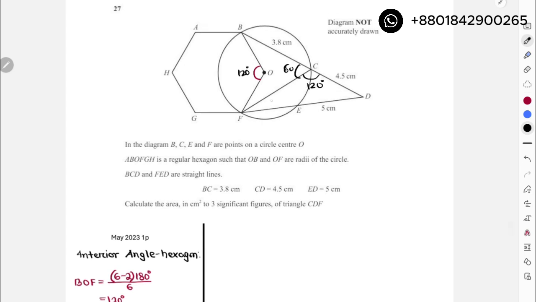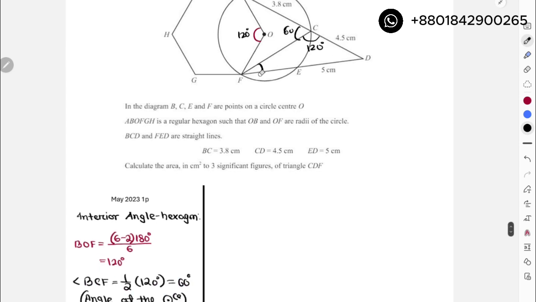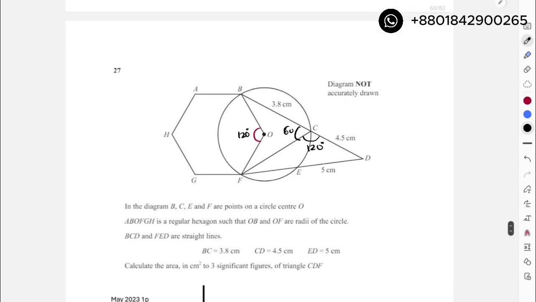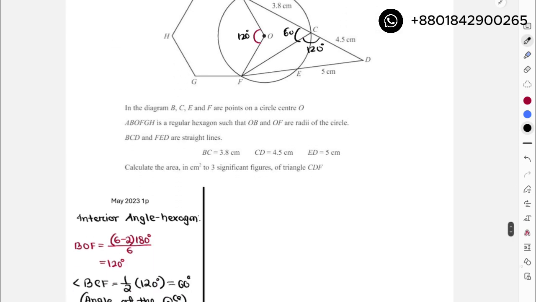Now if this angle is 120, I can calculate this angle. For that, I would have to find out the length of DF first. DF can be calculated using the length tangent formula. We have BCD and FD.